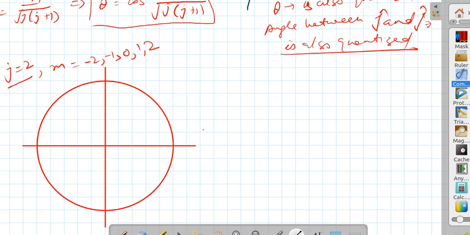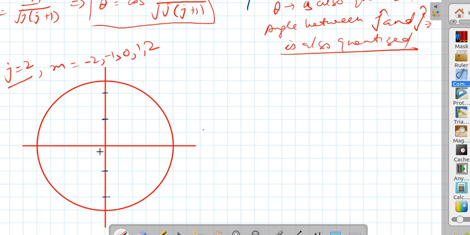There are several possibilities: this one, another this one, and this and this.